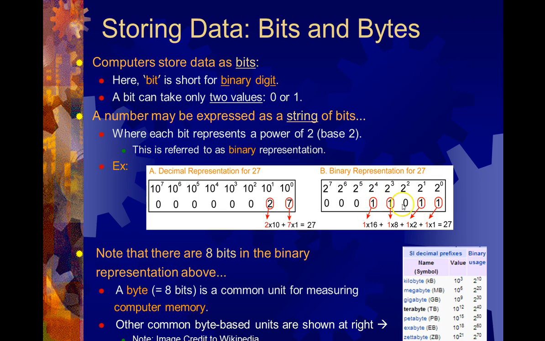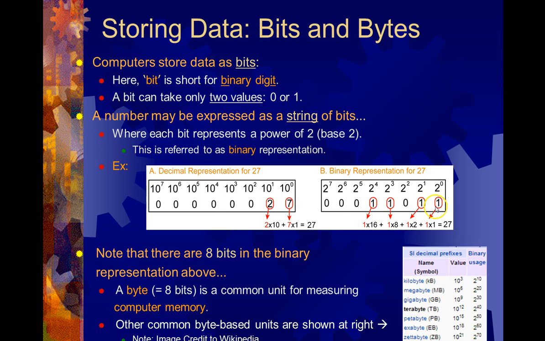So if I write 11011, I mean 1 times 16, just like it was 2 times 10. Now it's 1 times 16, 1 times 8, 0 times this, so we won't write that because it's 0. 1 times 2 to the first, and 1 times 1. This is 1. So what do I get? 1 times 16 is 16 plus 8 is 24 plus 2 is 26 plus 1 is 27.